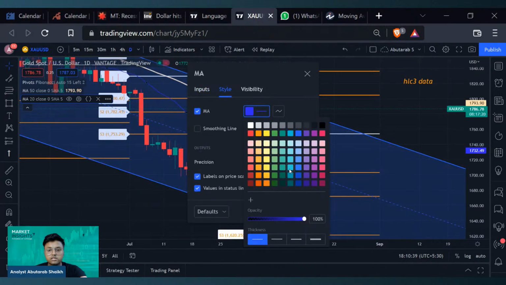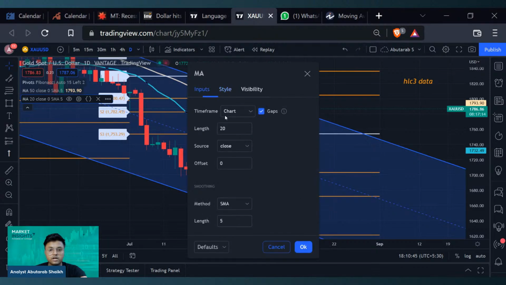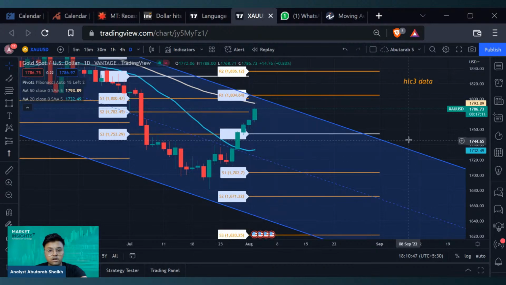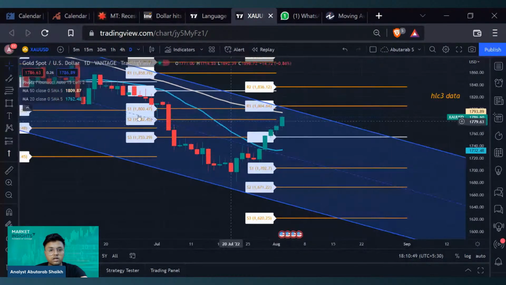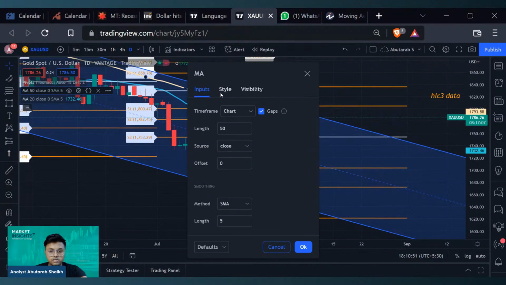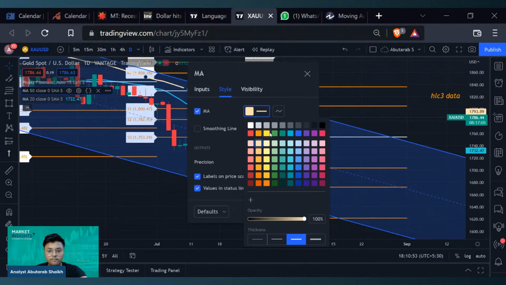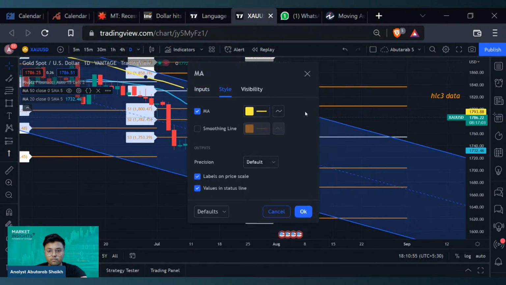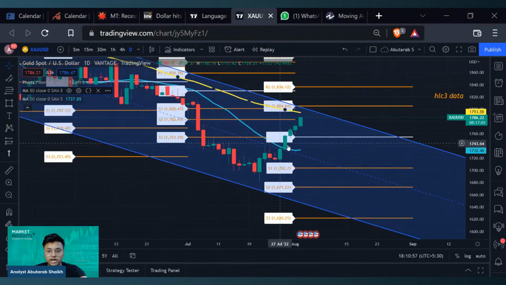We'll change its color a little bit so you might be able to see it better. Opacity you have to keep that way. That is good enough. I'll change this to white. White doesn't look good. I'll keep it yellow. So 50 is yellow, and this mint green is 20.